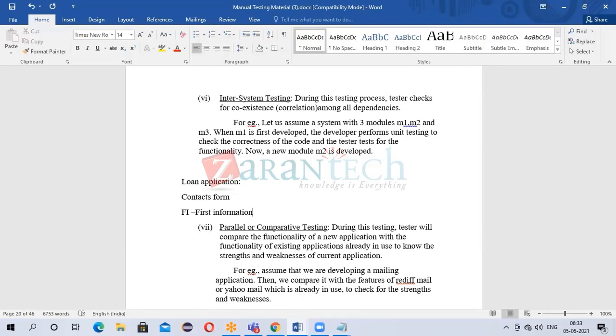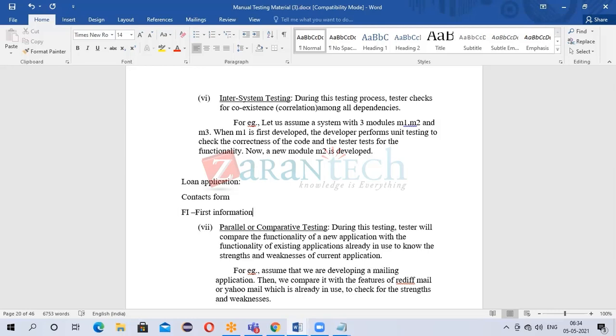Another general example: there are applications A, B, C. B depends on A, and C depends on B. If you don't enter the data into A, B will not open. If you don't enter the data into B, C will not open. You got my point or not?